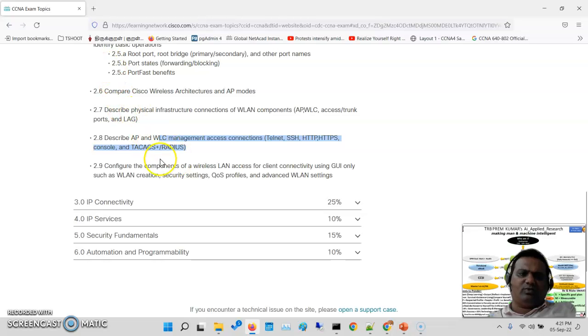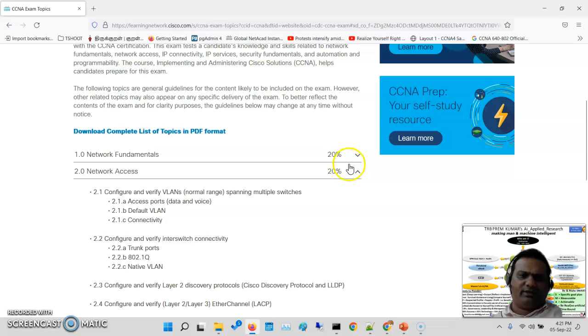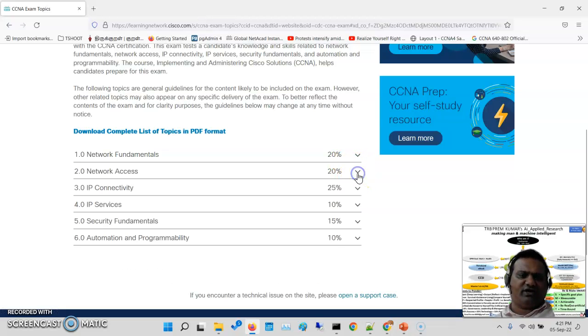Basically, we'll be learning some basic wireless concepts, configuring using the GUI, or GUI means graphical user interface. All these topics will be covered in network access, mainly switching and wireless.